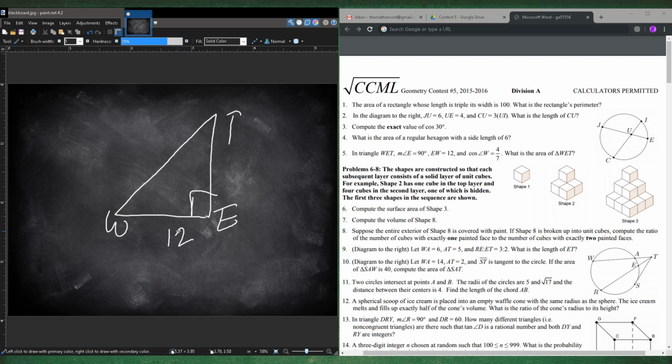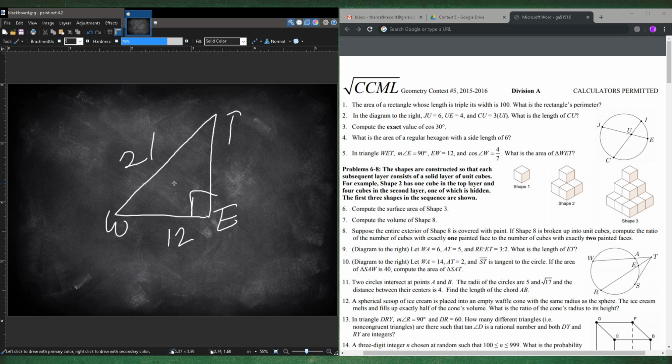So basically you already got 12, so let's call this the hypotenuse. So 12 over the hypotenuse is cosine of W, which is 12 over H. So W is 4 over 7. If you multiply 4 by 3, that gets 12, so 7 multiplied by 3 is 21, so H has to be 21. So this is 21. What is the area of WET?